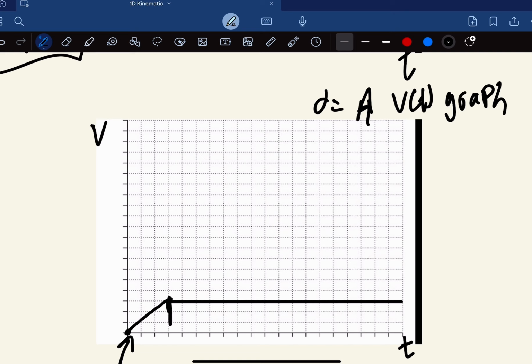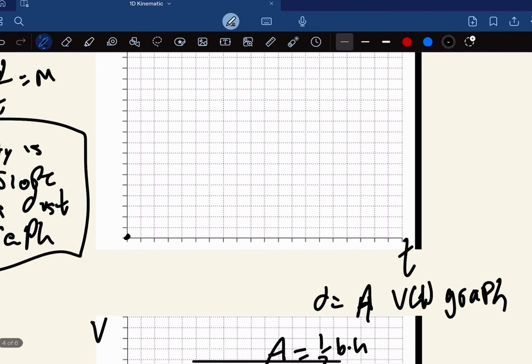So for this first little bit, we know that the area equals 1/2 base times height, which is equal to 1/2 times 3 times 3, so 9/2, which is equal to our distance traveled during the first 3 seconds.